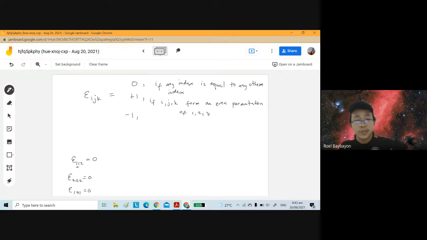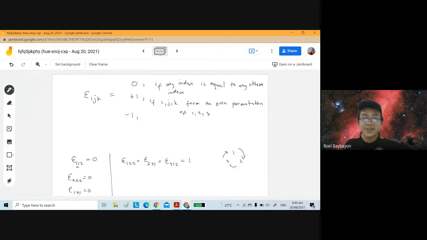This is epsilon 1, 2, 3; this is epsilon 2, 3, 1; and this is epsilon 3, 1, 2. And these are equal to 1. So notice, we have 1, 2, 3, where the form goes in this direction: 1, 2, 3, 2, 3, 1, 3, 1, 2. Then the Levi-Civita symbol is equal to positive 1.